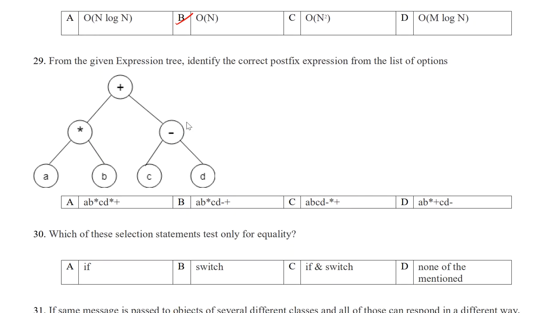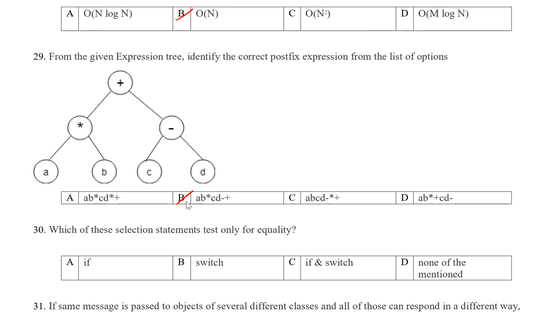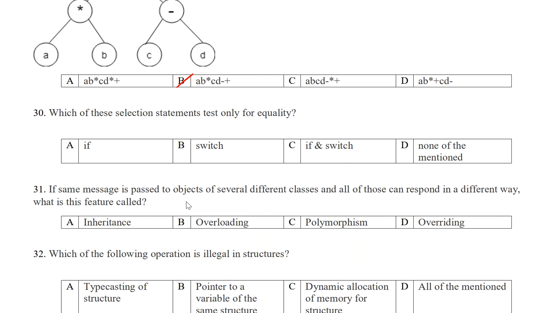Next one, from the given expression tree, identify the correct postfix expression for the list of operations. It is AB star CD minus plus here. So B is the right answer. Next one, 30th question. Which of the following selection statements tests only for equality?